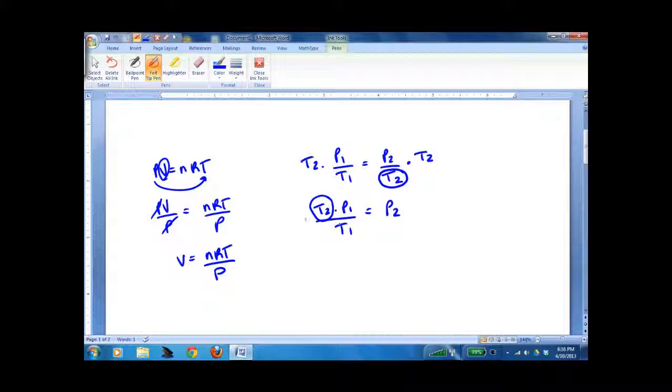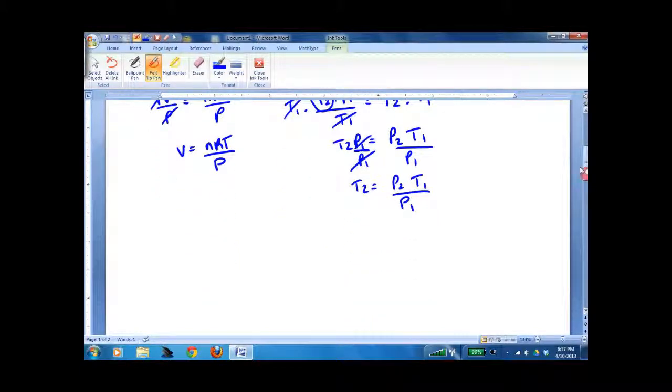T1's on the bottom, so let's multiply both sides by T1. And we need to get rid of this P1, so we will divide both sides by P1. So there's another example.